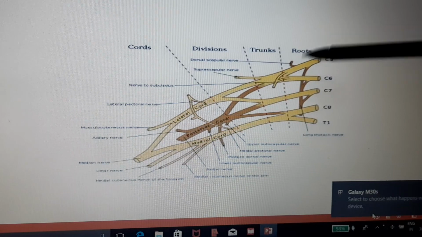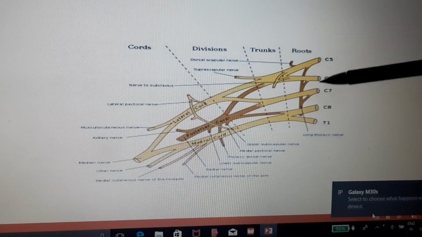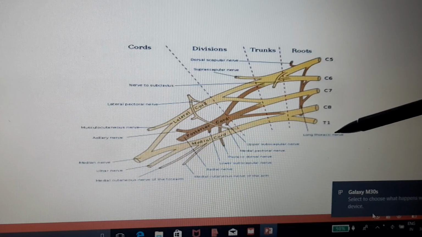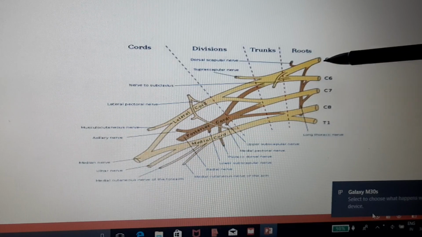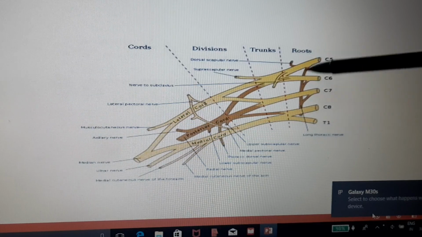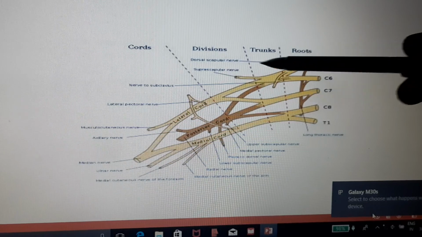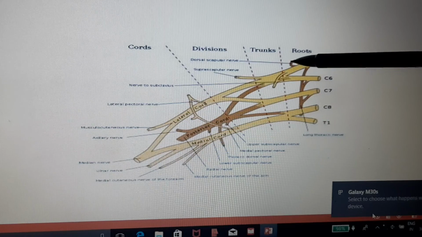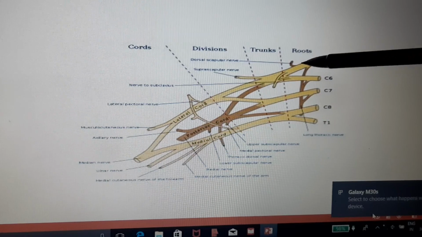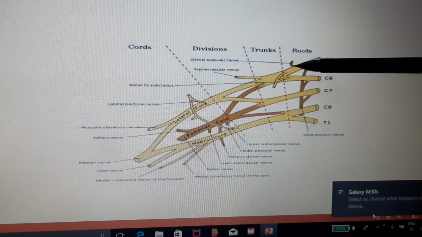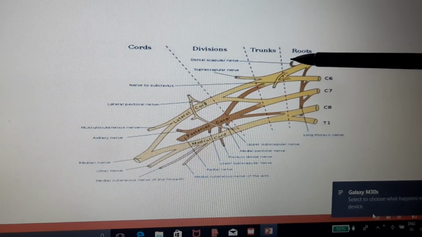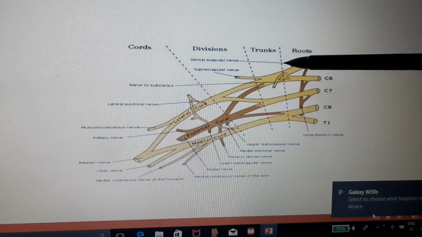So in the posterior triangle, we have to search for the long thoracic nerve, whose root value is C5, C6, C7, which runs behind the roots of the plexus. Then we have to search for the dorsal scapular nerve, which arises from the C5 root, and after arising it pierces the scalenus medius muscle and runs just beneath the levator scapulae muscle.